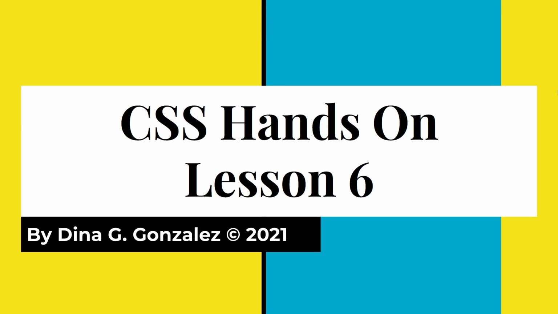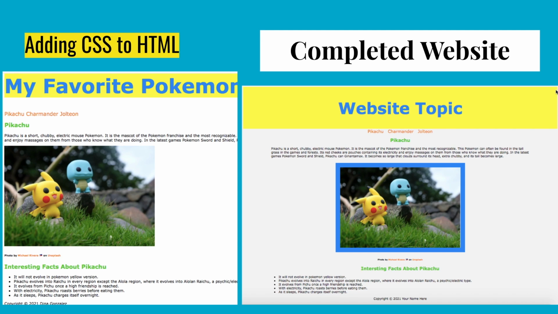Welcome to Lesson 6, our final lesson for this project. We're going to continue to work on CSS, the hands-on portion. Currently, your page should be similar to this. We've added color and worked on the font, the color of the font, picking the font that you wanted, and also the size of the font.